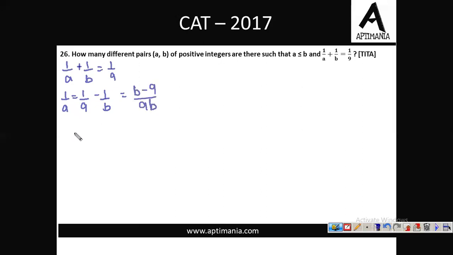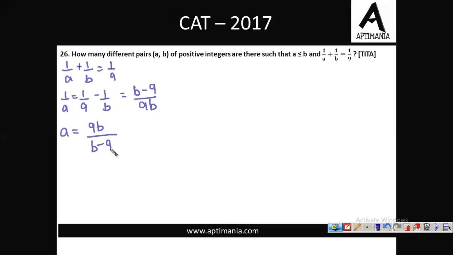This will give us A equal to 9B upon B minus 9. Now, the important thing is for this value of A to be an integer, B minus 9 should be a factor of 9 or B or both. Right?